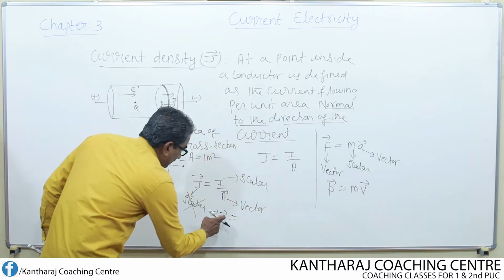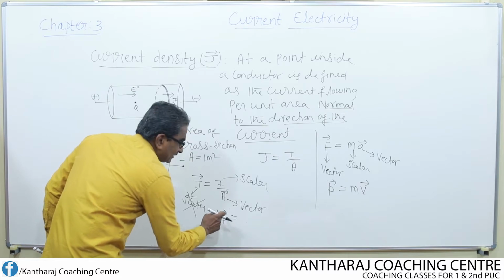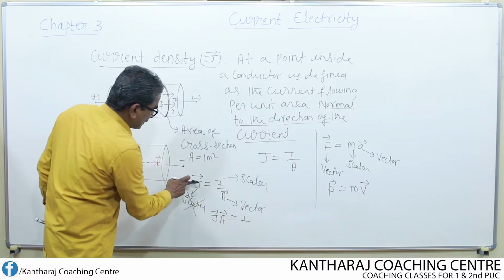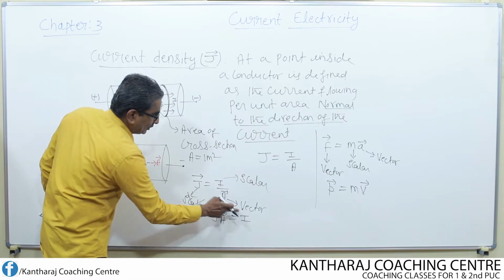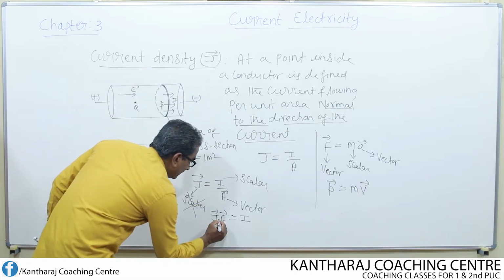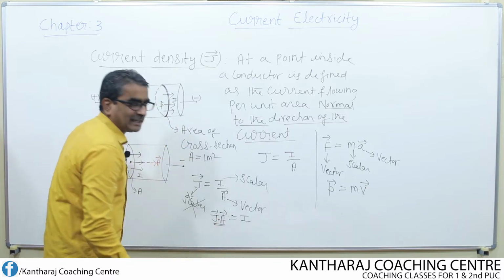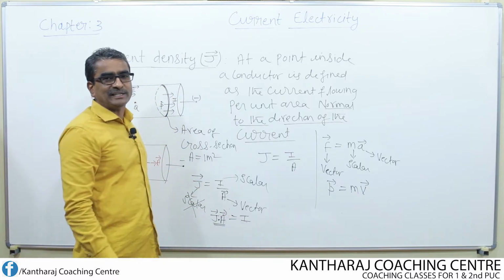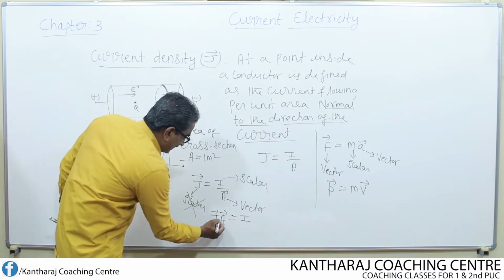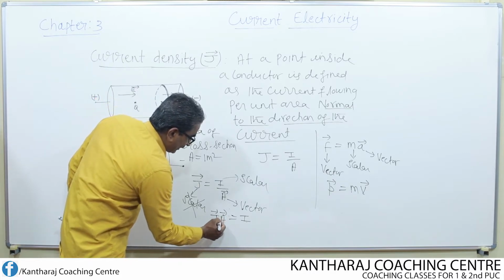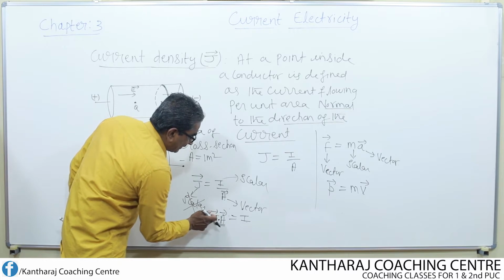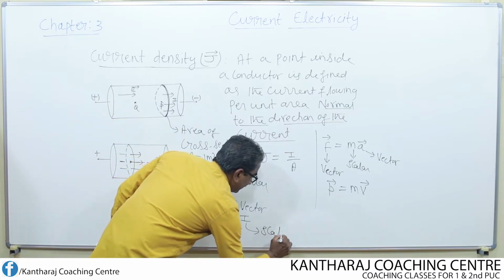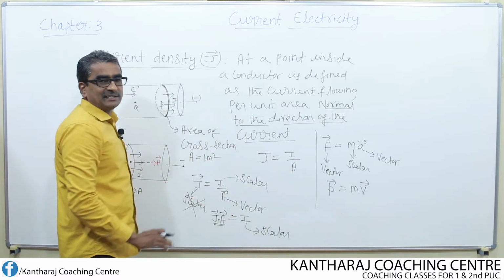So if I multiply these two vector quantities, which is nothing but equal to current, vector J multiplied by vector A is equal to I. So this is nothing but the scalar product of two vectors. Now from this also we can understand that current is a scalar quantity, because these are two vector quantities and it is a scalar product. The scalar product of two vectors always gives a scalar quantity.